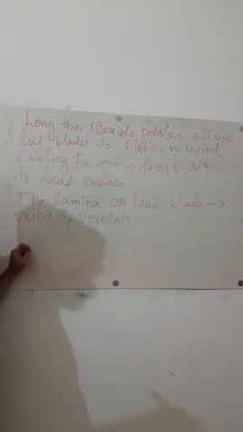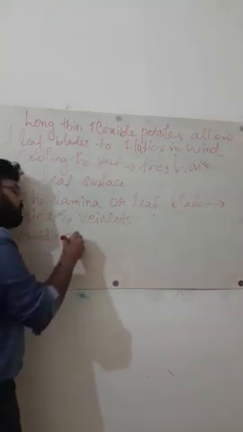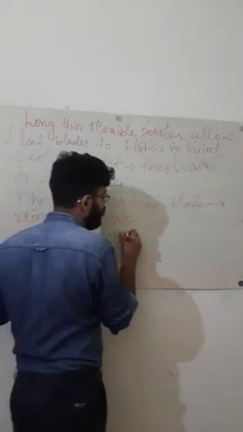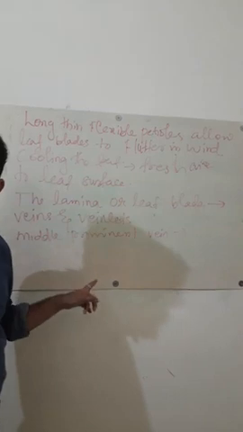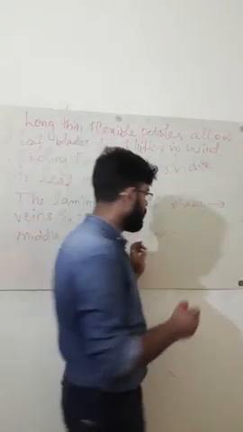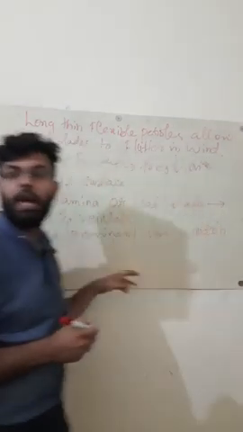There is usually a middle prominent vein which is called the midrib. And these veins provide rigidity to the leaf.